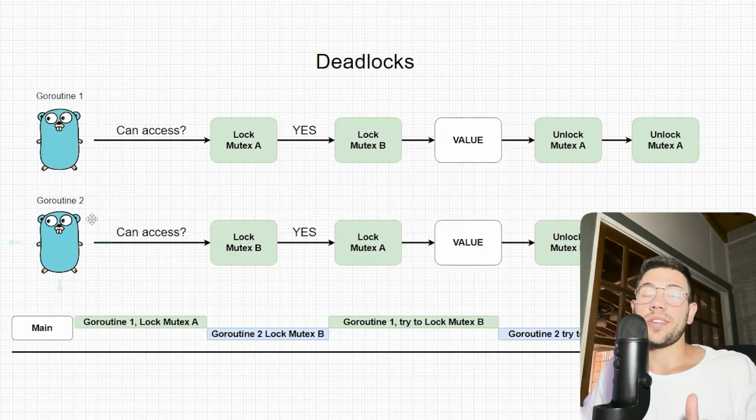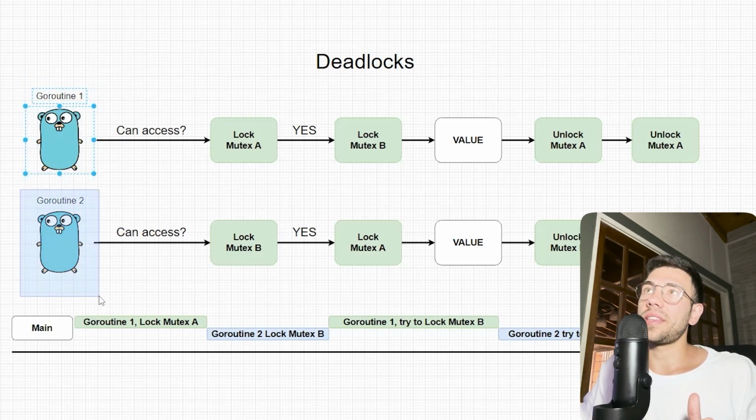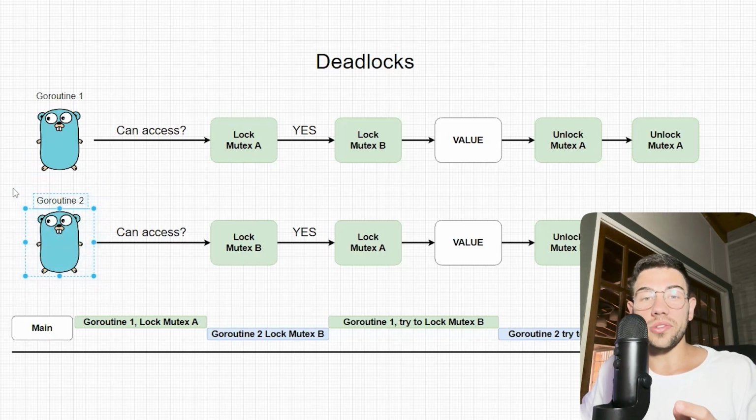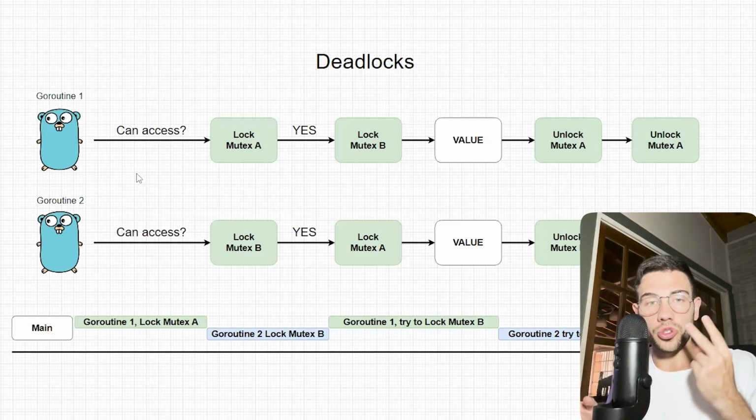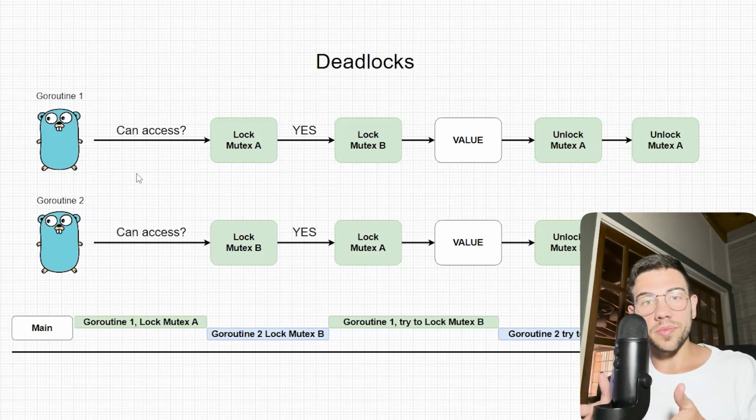But coroutine number 1 is also waiting. Why? Because it needs something that coroutine number 2 has, and coroutine number 2 is waiting too, because coroutine number 1 has something it needs. So this is a clear, simple situation of deadlock, where two coroutines provoke a simple deadlock.